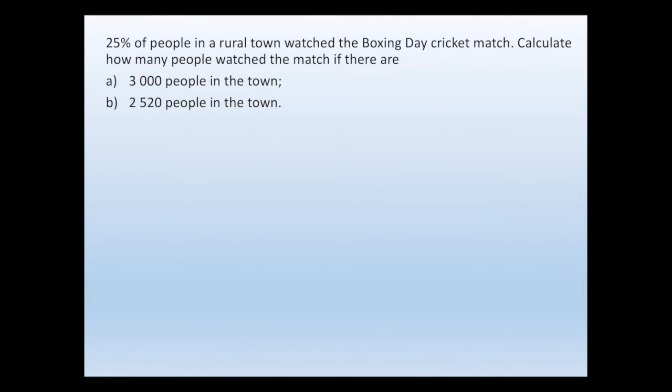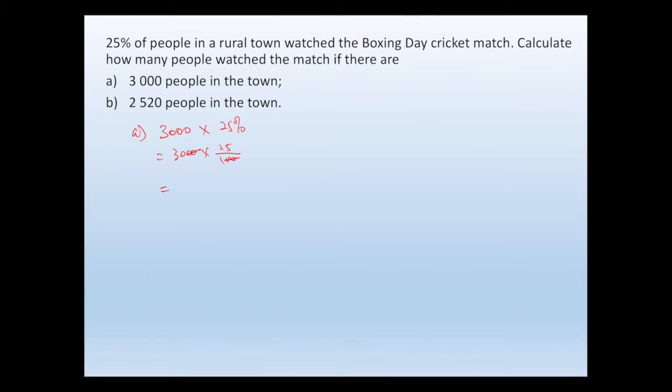Next one is a worded problem. So let's have a look at this. 25% of people in a rural town watched the Boxing Day cricket match. Calculate how many people watched the match if A, there are 3,000 people in the town, and B, there are 2,520 people in the town. So for A, let's say 3,000 times 25%, which is 3,000 times 25 over 100.